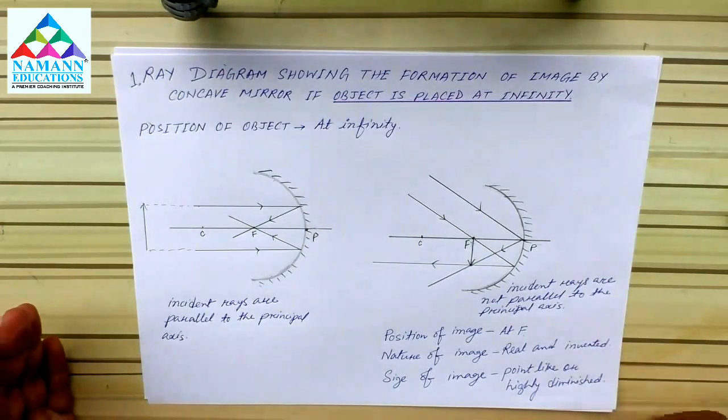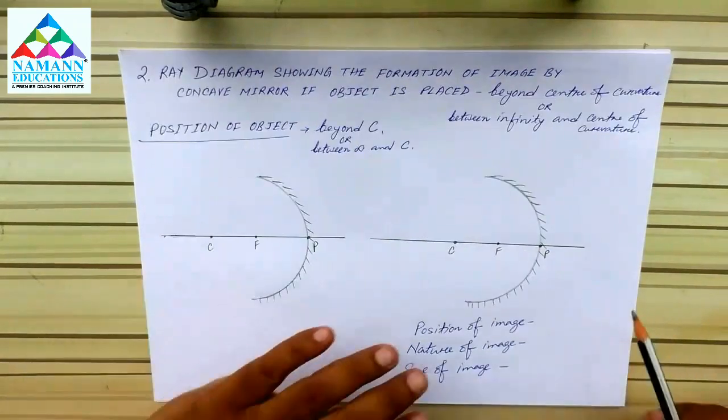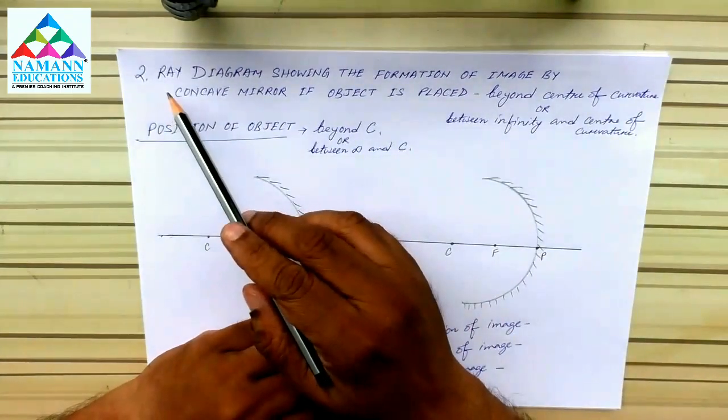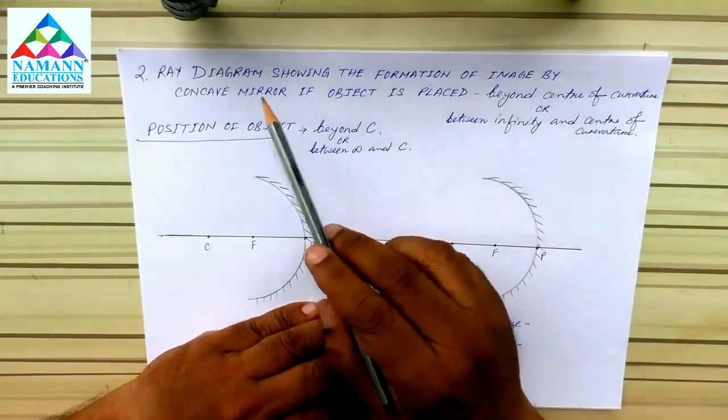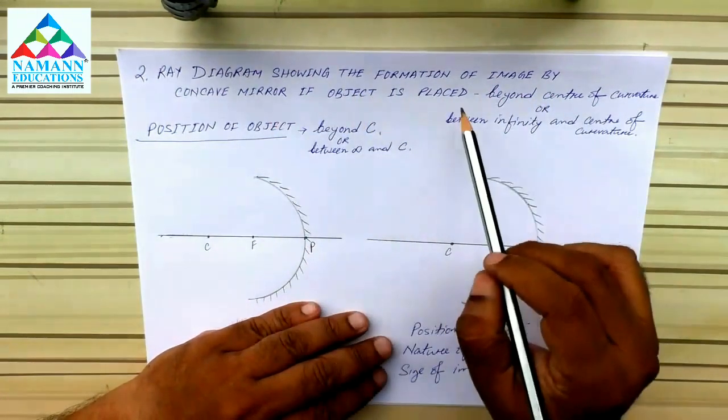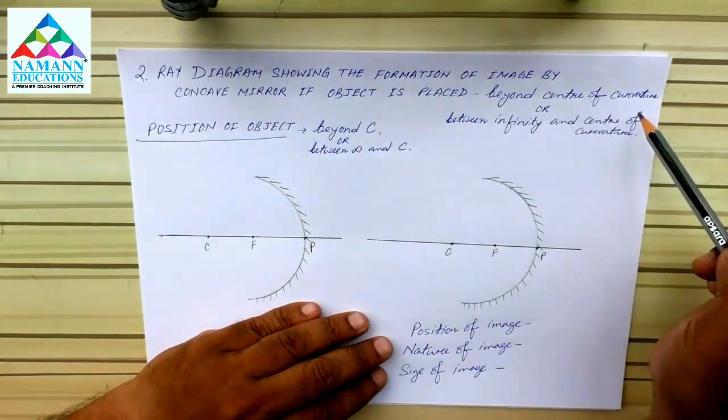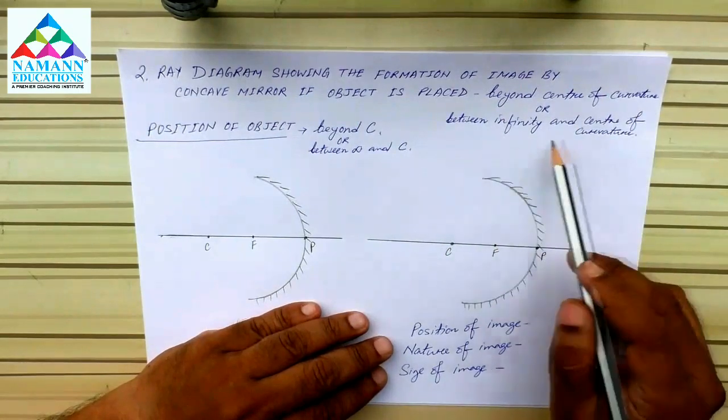The second diagram, the ray diagram showing the formation of image by concave mirror if object is placed beyond center of curvature or between infinity and center of curvature.